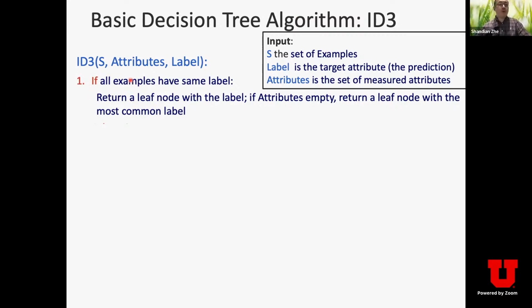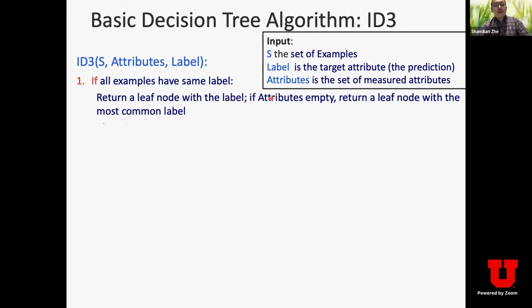So remember, whenever we want to write or design a recursive algorithm, we need to first consider the base case, in what kind of cases we should stop. Right? So in here, the very first stopping criterion we should consider is that, okay, if all the examples in the current S have the same label, then we return a leaf node with the label, right?